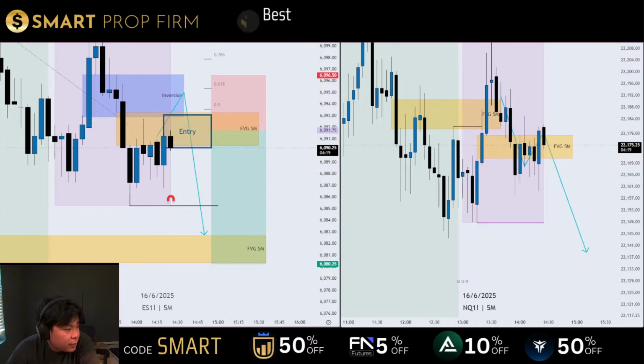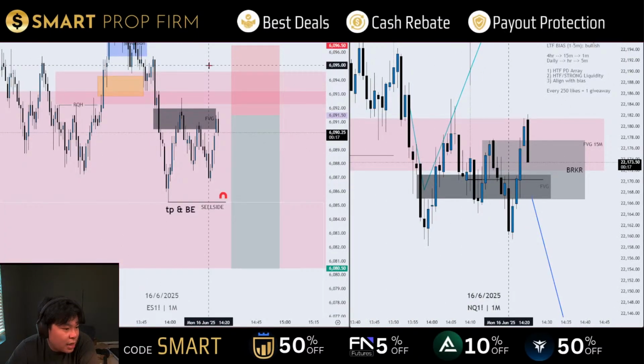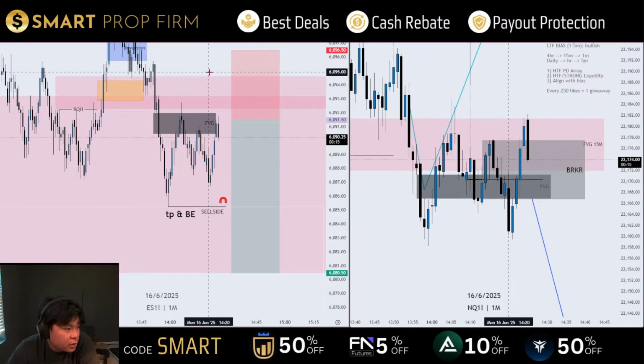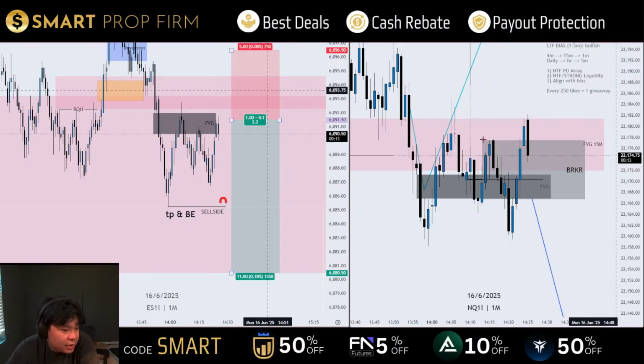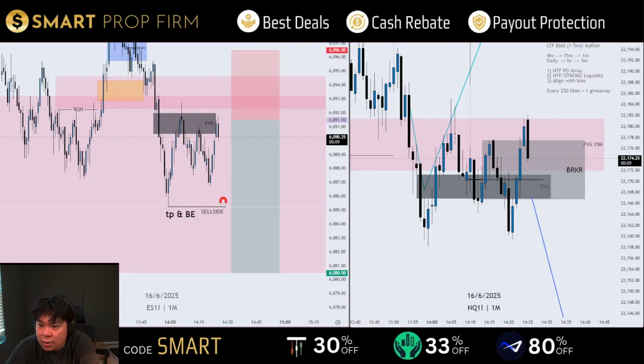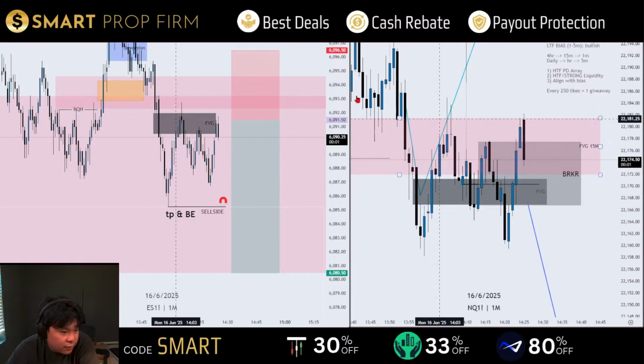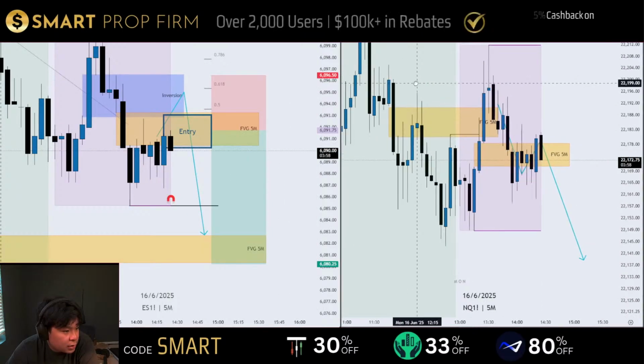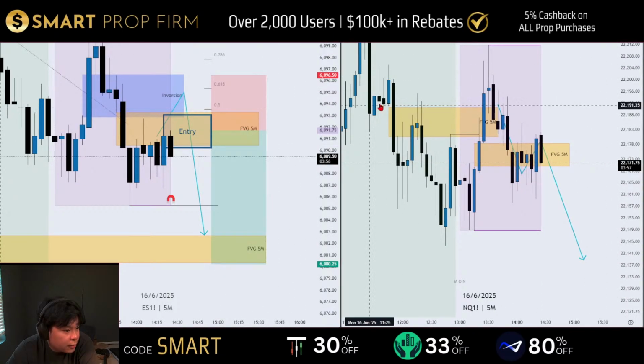If anyone took TP, at least you're good. I'm still actively looking for re-entry, but I'm gonna need something better here. It's been so choppy for so long. I'm thinking I should have just taken the, I think it was up like $400. Now I'm break even. Now we're waiting again.